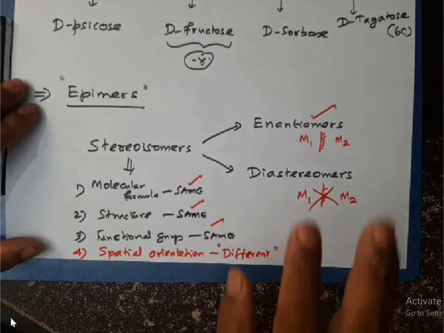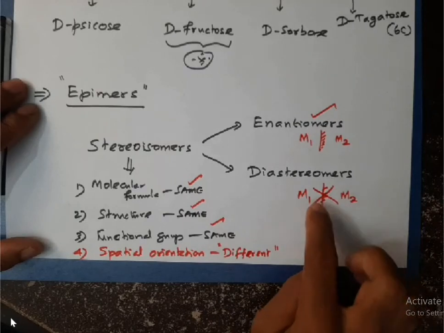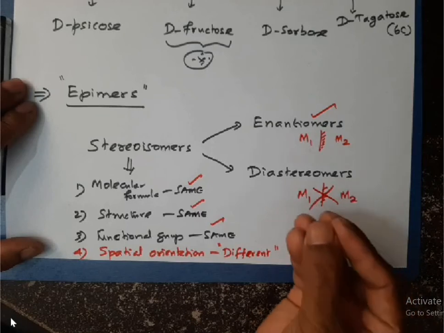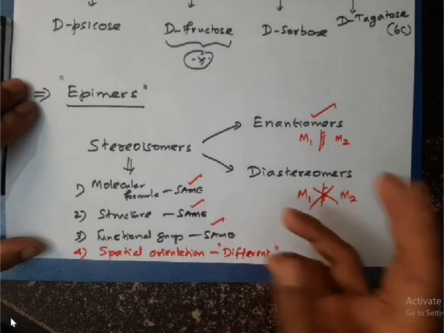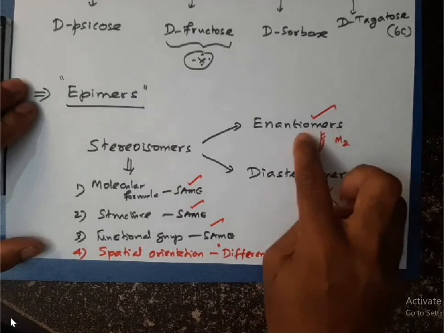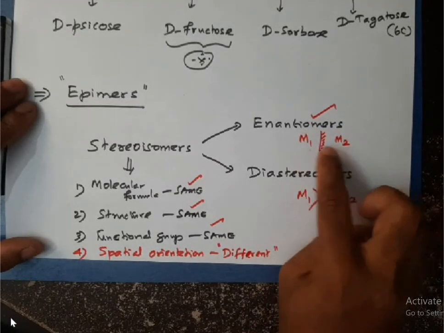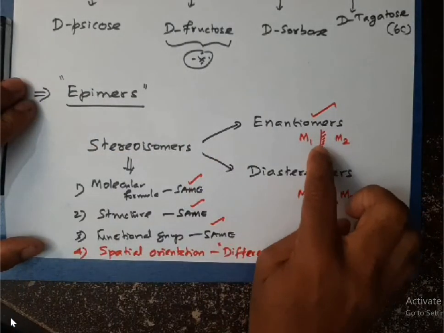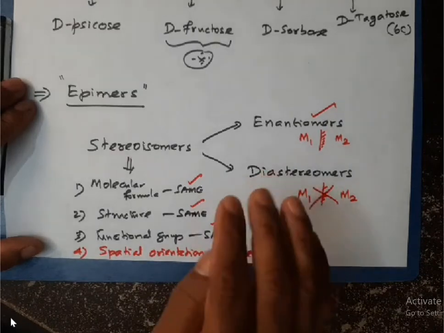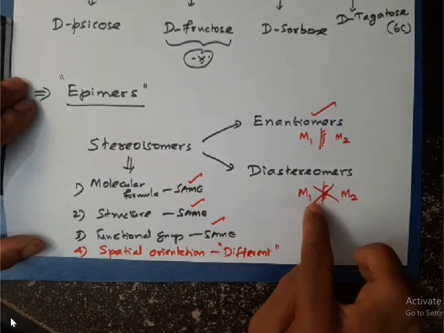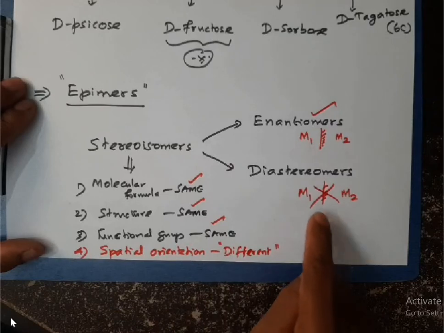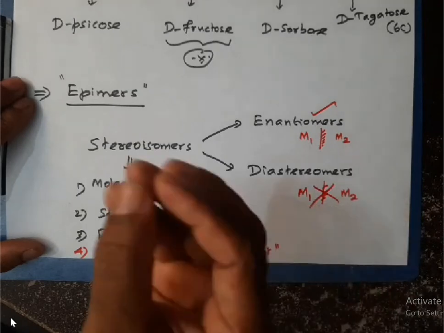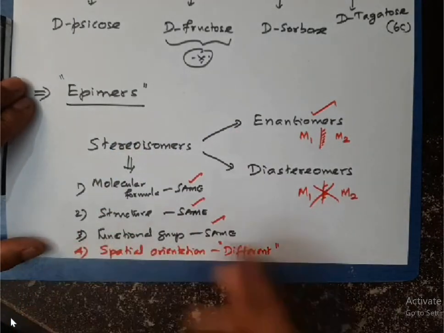In enantiomers, molecule 1 and molecule 2 have the same physical property and the same chemical property, so they are very difficult to separate. Whereas in diastereomers, molecule 1 and molecule 2 differ in some physical properties, therefore we can easily separate them.